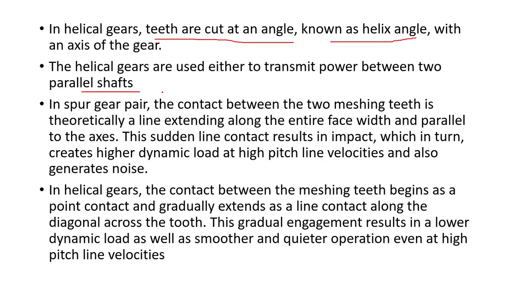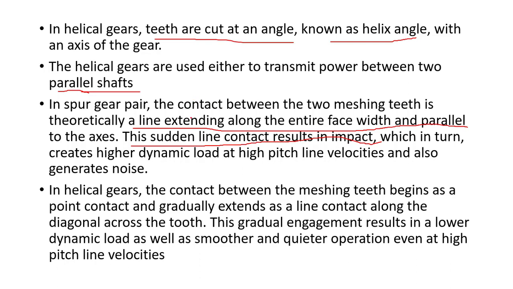But why do we use helical gear when we have spur gear for parallel shafts? Because in spur gear, the contact between the two meshing teeth is theoretically a line extending along the entire face width and parallel to the axis. This sudden line contact results in impact.